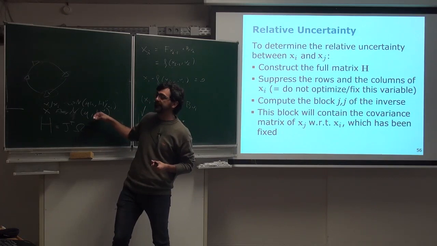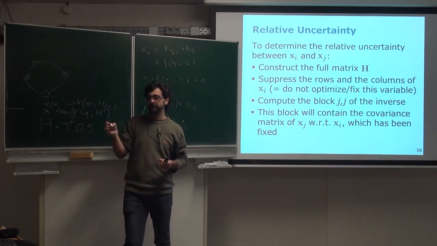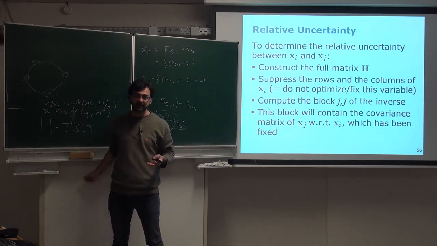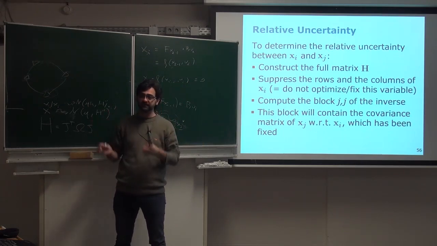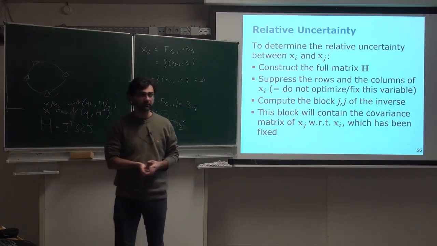So you can get just a few elements very quickly. That's why one cares about this. Otherwise, the two approaches are equivalent if you want the relative uncertainty between variables; it's just more efficient this way.